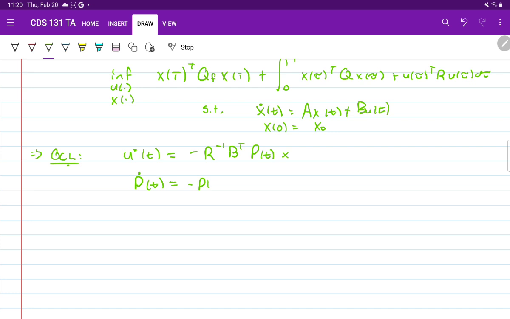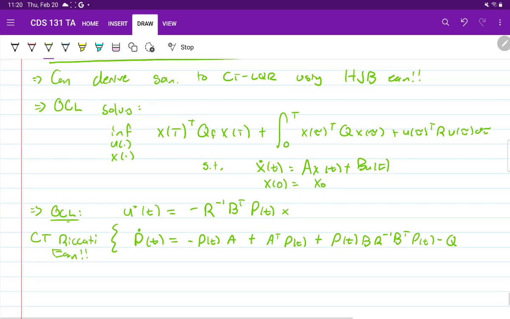It's going to be minus P dot equals P(t) times A plus A transpose times P(t) minus P(t) times B R inverse times B transpose P(t) plus Q. This is called the continuous time Riccati equation. So once again, your optimal control law in this continuous time case for the LQR problem will be a linear time varying state feedback control law.